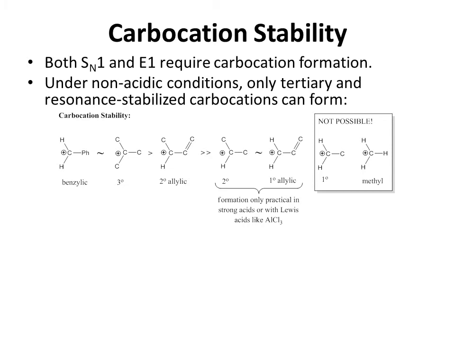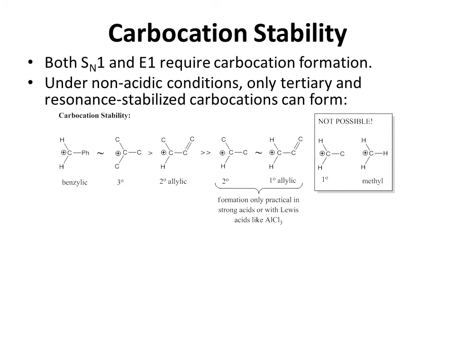Both these systems, the secondary and the primary allylic system, are really only practical in strong acids, or in the presence of a Lewis acid like aluminum chloride, which will pull off the leaving group leading to the carbocation. Under non-acidic conditions, we're really going to ignore these situations, in terms of any practical scenario.